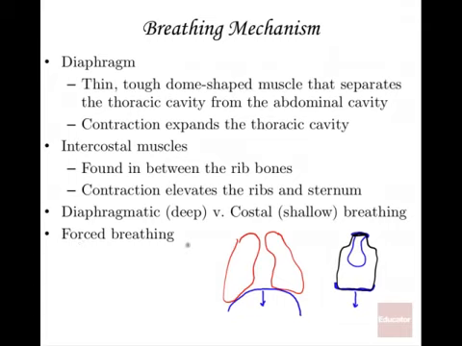Forced breathing is another story. Forced breathing is even more significant than this deep diaphragmatic breathing. That could be due to stress, overexertion, or hyperventilation could accompany this. Forced breathing is where your abdominal muscles and other accessory muscles are going to assist with getting air in and out.